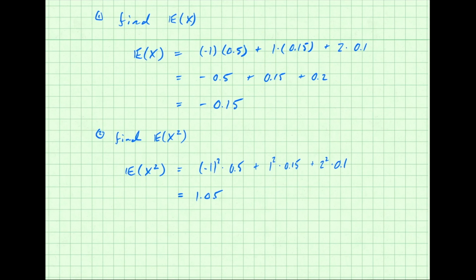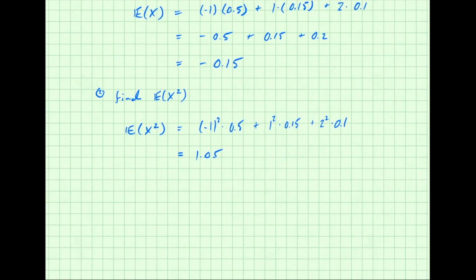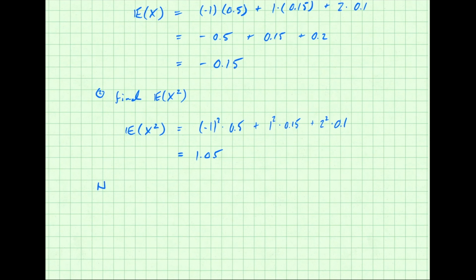Now I want to pause and point something out. It's important to see. Notice, the expected value of x squared is not equal to the square of the expected value of x. 1.05 is not the square of minus 0.15. That's an important point, and it's important enough that I'm going to make a little highlight of it.